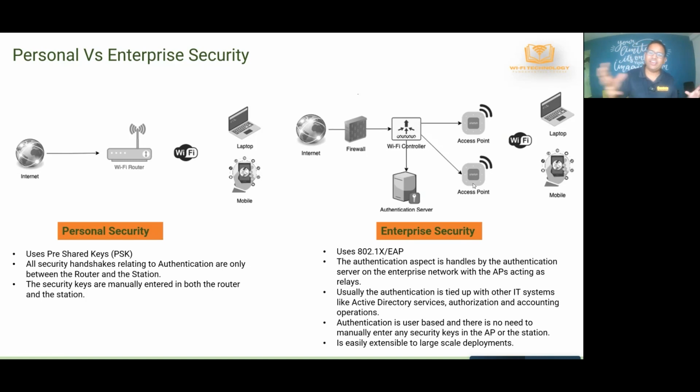It's only relaying the information. It's not doing the actual authentication, but it is relaying the information between the supplicant and the authentication server through the network. And enterprise security is more involved, and it has lots of really cool features, which we will talk about in the next session.